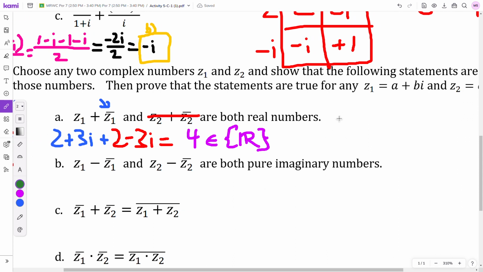So let's say I have z sub 1 equals a plus bi. Well, then the complex conjugate of that is going to be a minus bi.